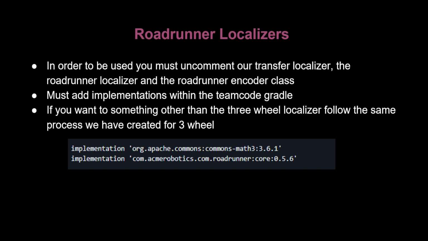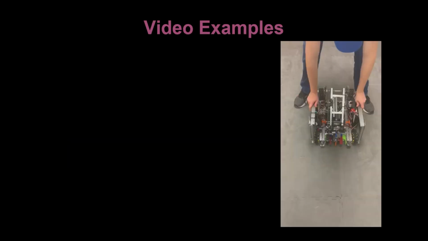This does run off of the deprecated 0.5.6 Roadrunner, so if you want to use this, make sure you do implement the 2 things I have on screen within your team code Gradle. We may look to add Roadrunner 1.0 localization later down the line to allow that transferability if enough teams would like to see that.